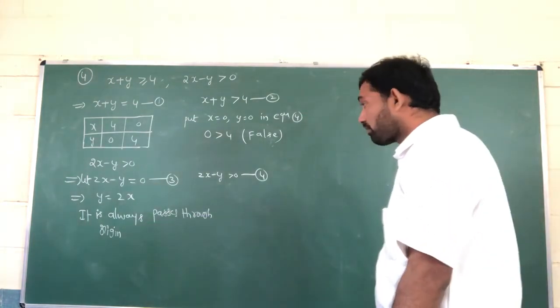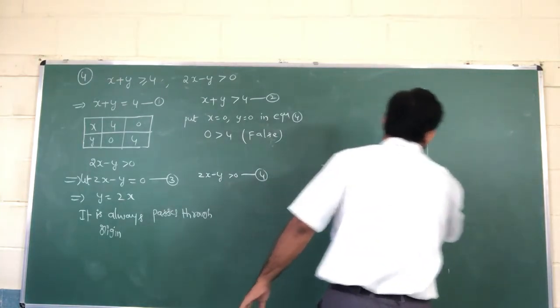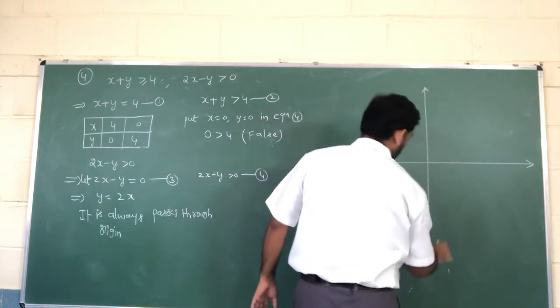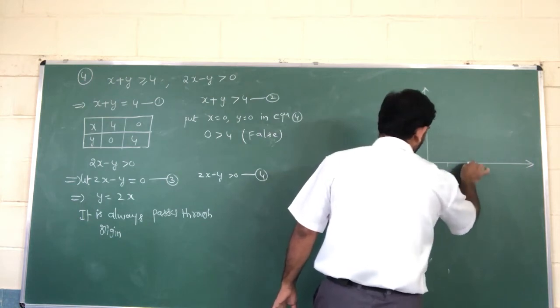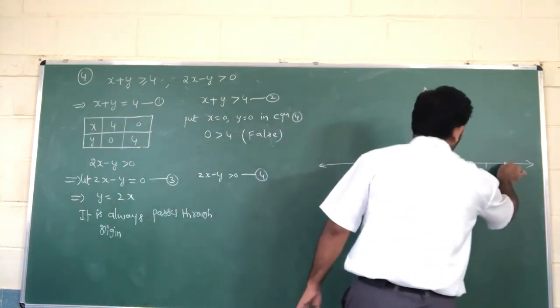Listen now. Now take the graph. x equal to 1, 2, 3. So the maximum x value is 4.